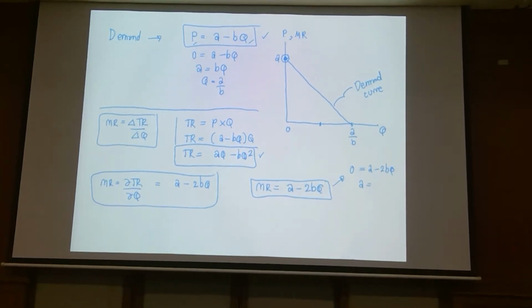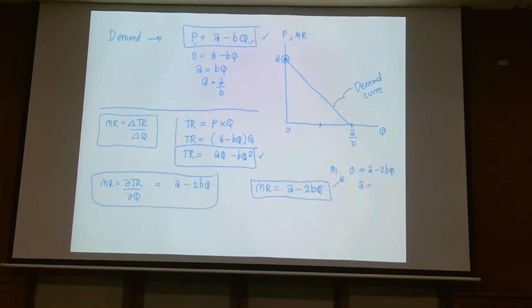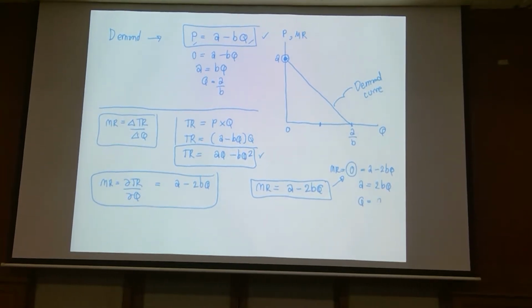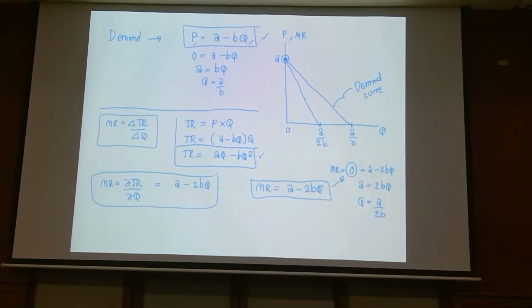So A equals 2BQ, if we let marginal revenue be 0, because we want to know the intersection. So Q equals A over 2B. So this is your marginal revenue curve.